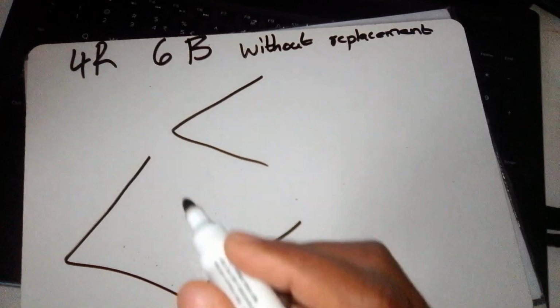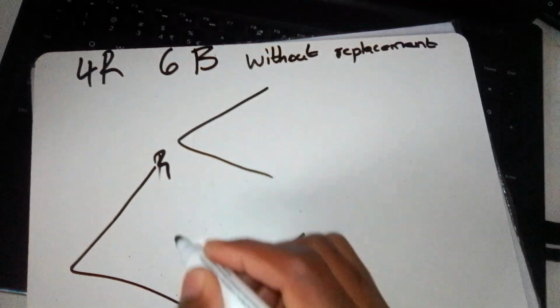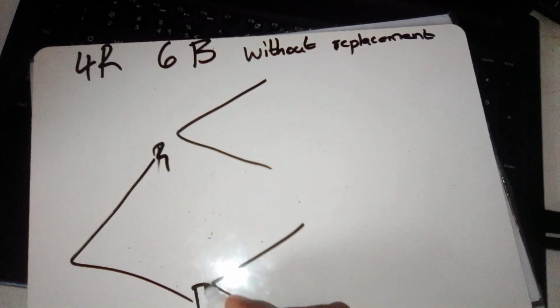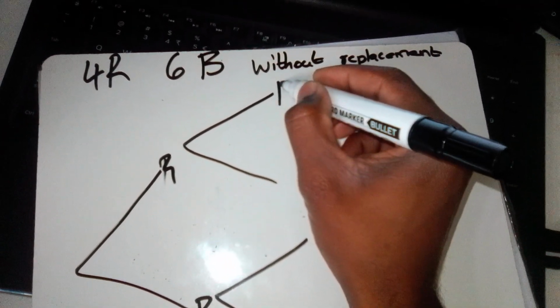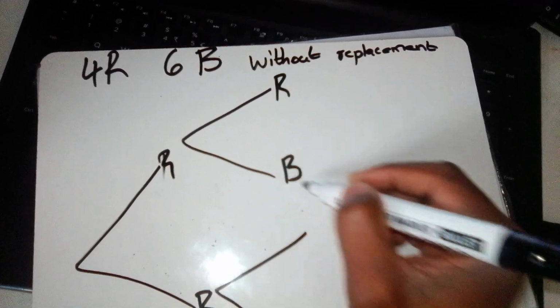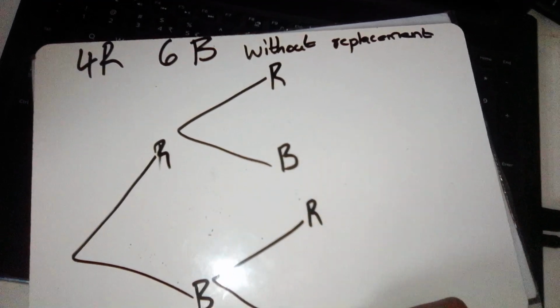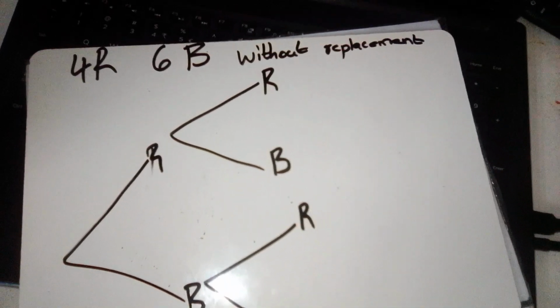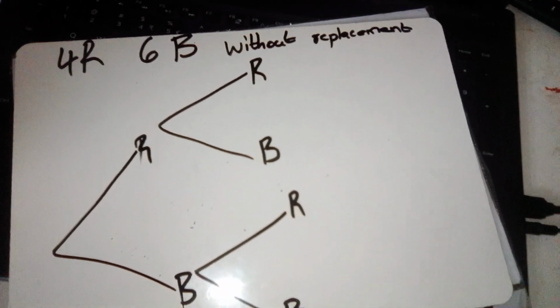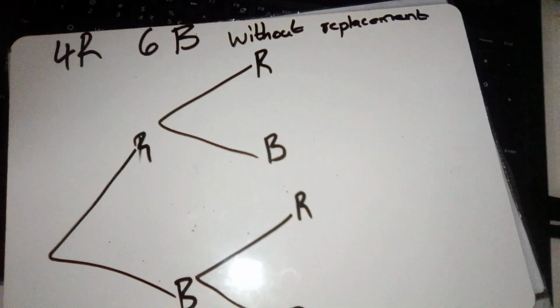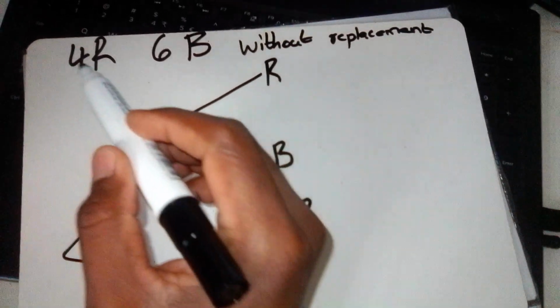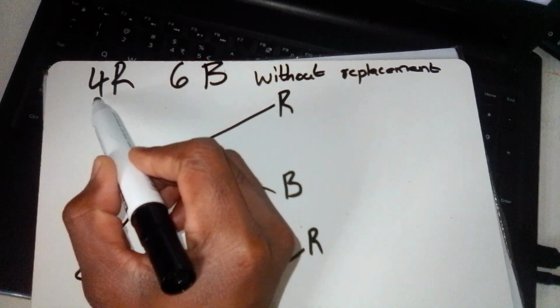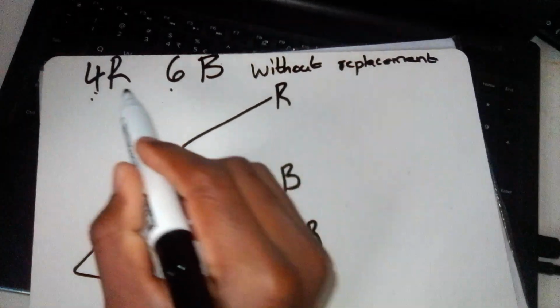So let's see what we have. We have red balls, blue balls, red balls, blue balls, red balls, blue balls, right? Now let's put in the numbers. First we need to add these two, 4 plus 6.